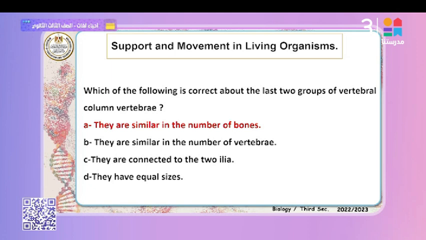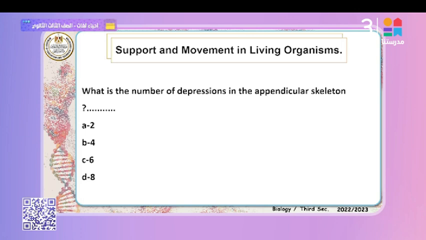Another question. What is the number of depressions in the appendicular skeleton? As mentioned previously, the appendicular skeleton contains the upper limb with the pectoral girdle, and the lower limb with the pelvic girdle. What is the number of depressions found in the pectoral girdles? 2?